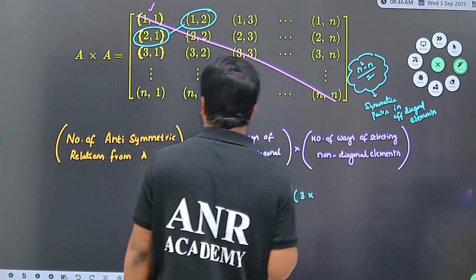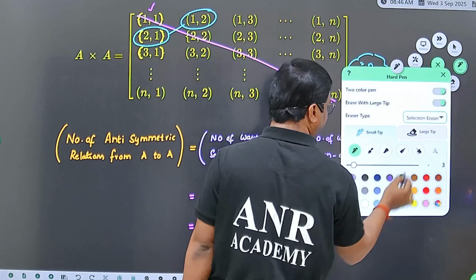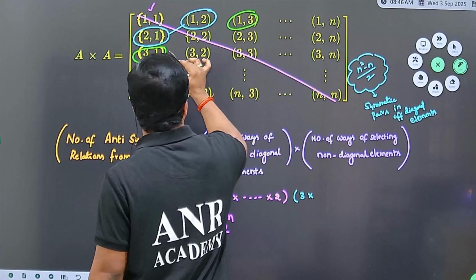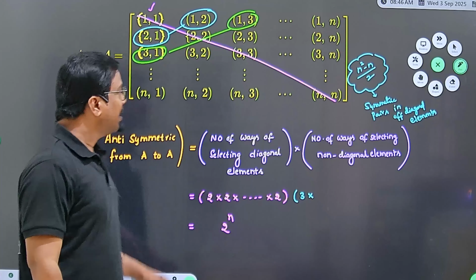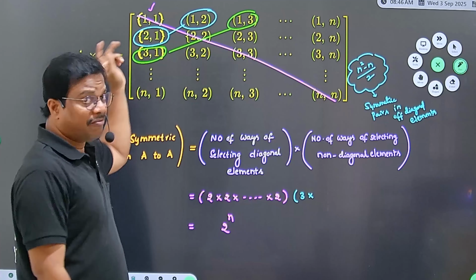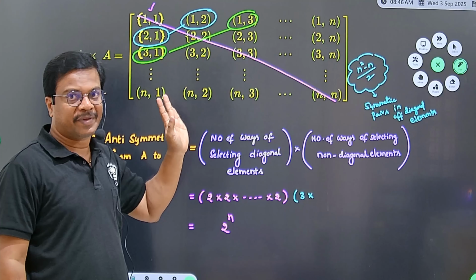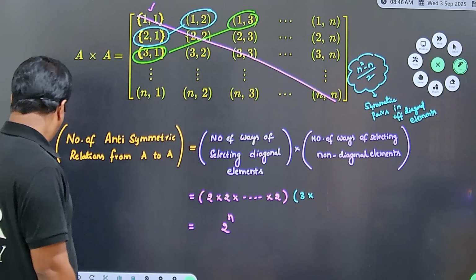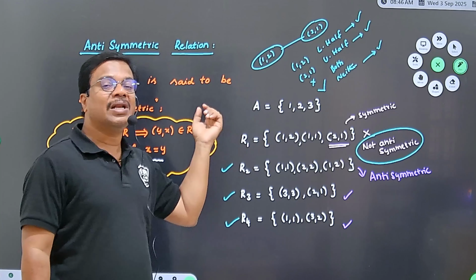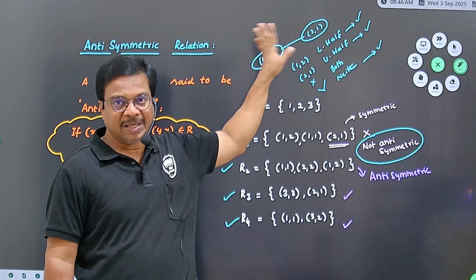First one, 3 chances. If you choose these two, (3,1) and (1,3), we are going to discuss them. Maybe (3,1) is present in the relation, or (1,3) is present in the relation, or both do not present, right? So here maybe only one from the lower half, only one from the upper half are the possibilities.